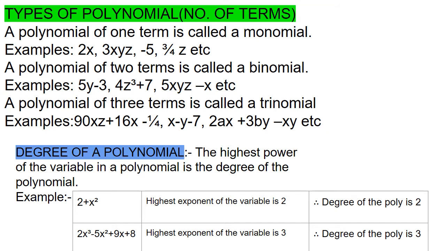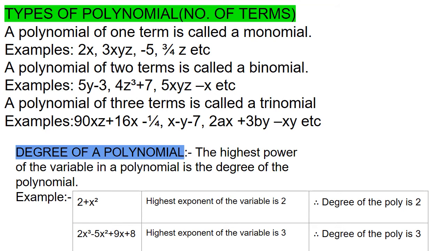These two terms are combined with minus, and this is a polynomial because y is the variable and its exponent is plus 1. This polynomial consists of two terms, that's why we call it a binomial. Now observe, 4z cube plus 7 has two terms, this is also a binomial.